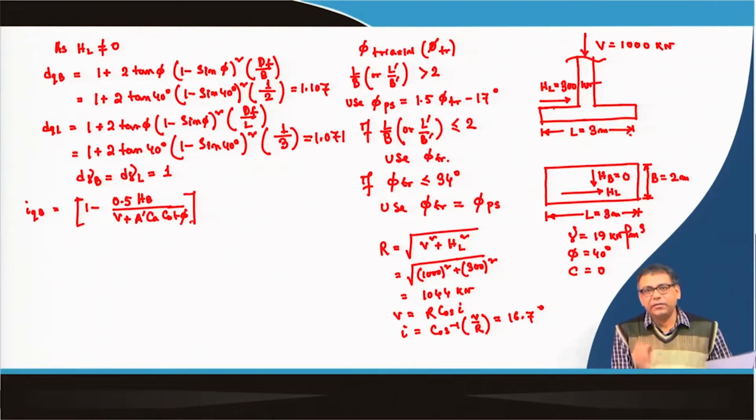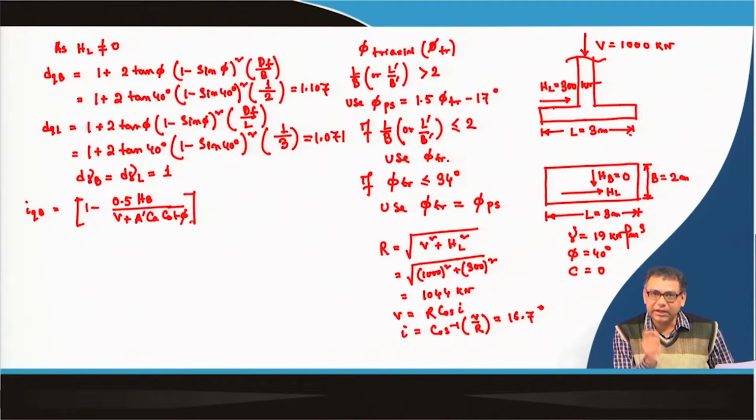And remember that if there is a horizontal load and the vertical load is inclined, or eccentric, then we have to use B dash L dash as per the suggestions given by different theories. Even Hansen also suggests you use B dash L dash.